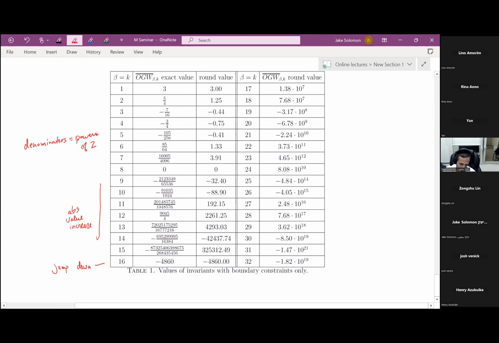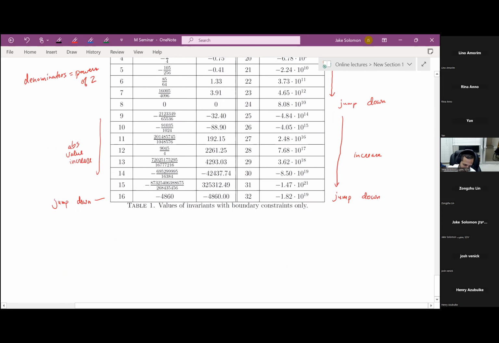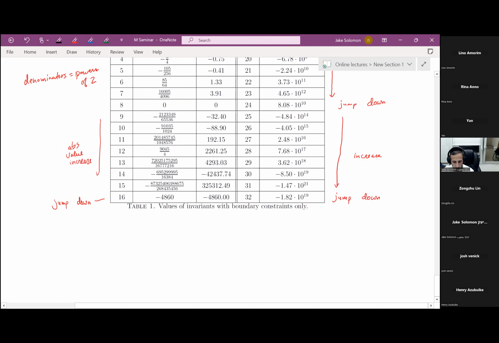And then again, when you go to 17, 18, 19, 20, and so on, the absolute value increases, and then you jump down again by a factor of 100. And again, you increase. So every 8, you have this jump. People say for some reason this looks like coefficients in a modular form, but I don't understand this well enough to have an opinion.